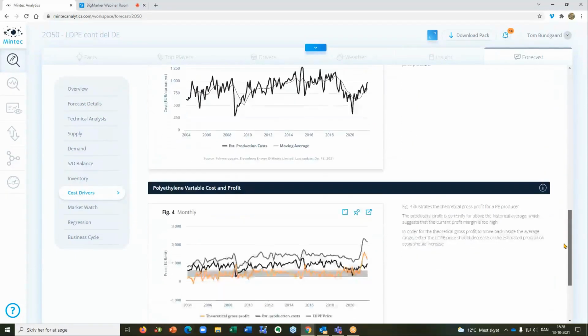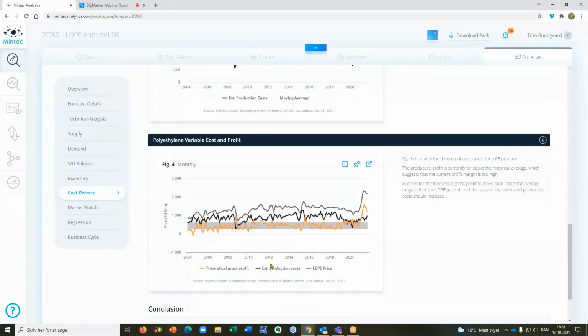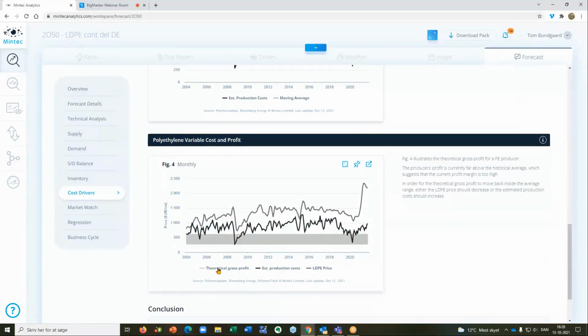So let me just go here. More or less, this will tell you that if cost prices go down, of course, polyethylene goes down. And this increase should make prices go up, which they did. But prices just went way higher because of that supply-demand issue.